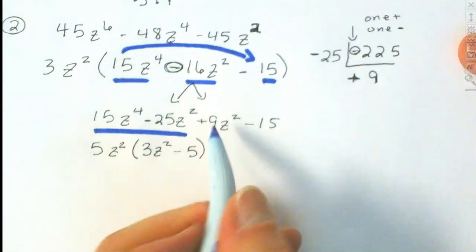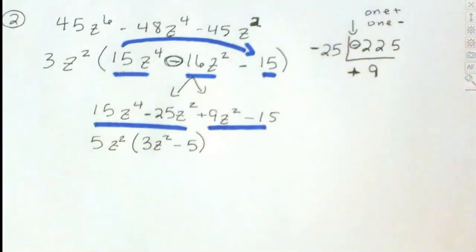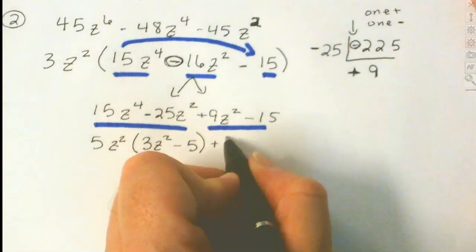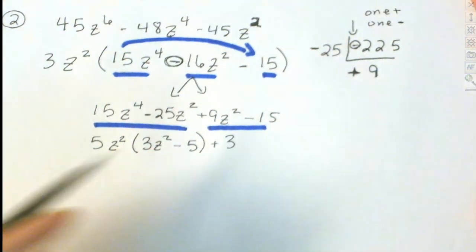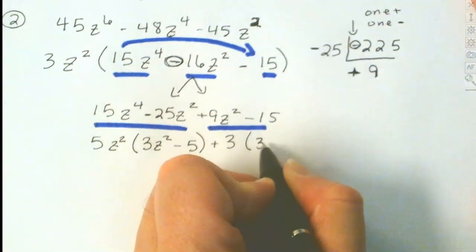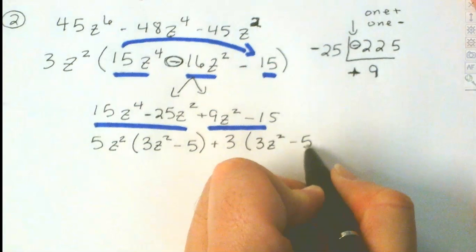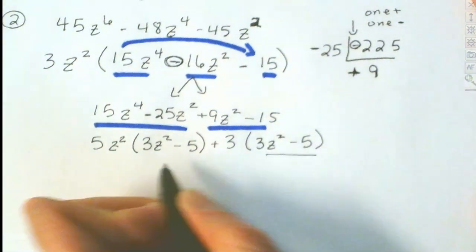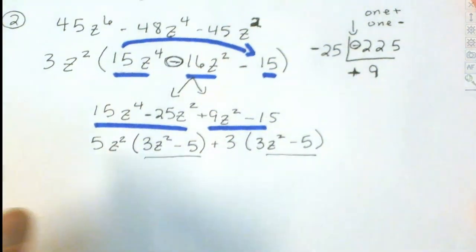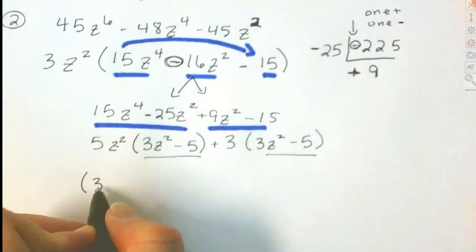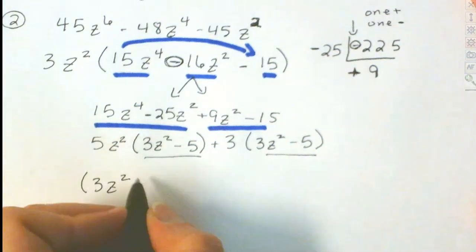Repeating the process on the next 2, these have a 3 in common. That is going to leave me with a 3z squared minus 5. My groupings are identical.